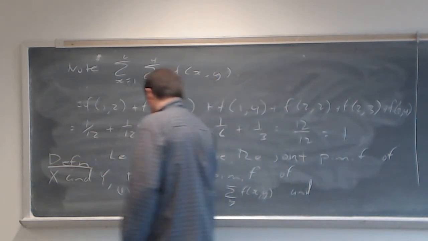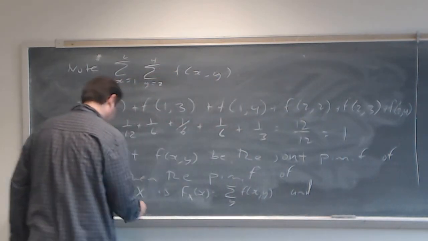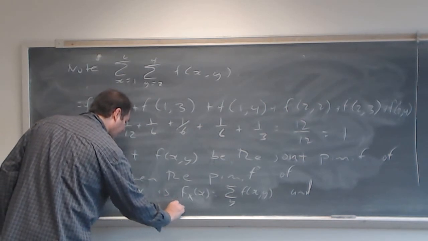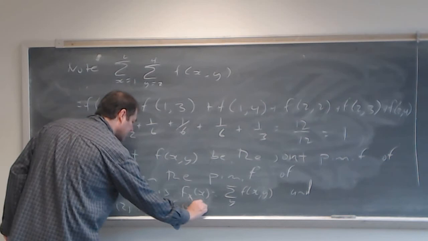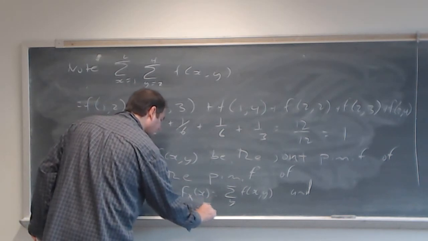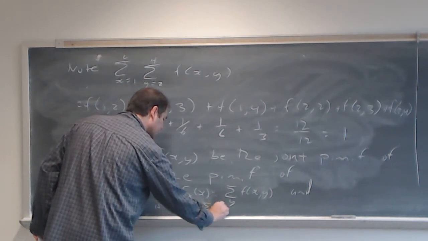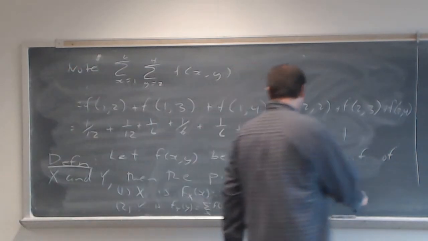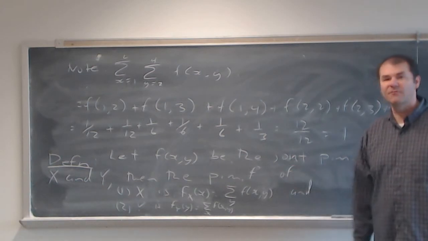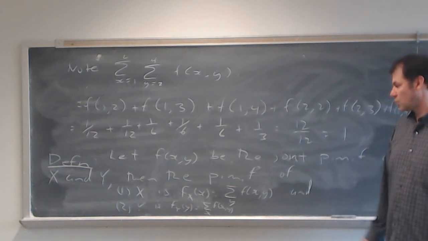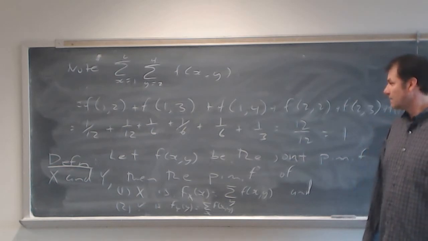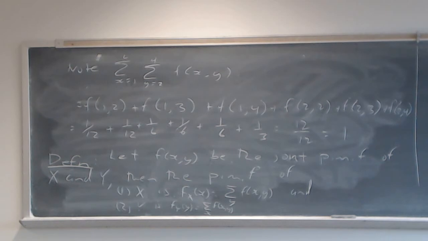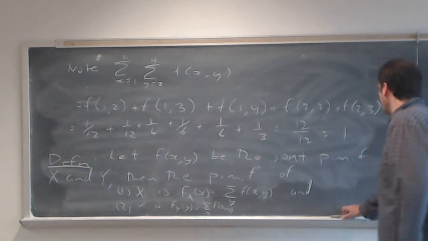And part 2, the PMF of y is denoted by f sub y of y, and it's equal to the sum over all x's of the joint PMF. So you can recover the PMF for individual random variables from the joint by simply summing over the values of the other variable.